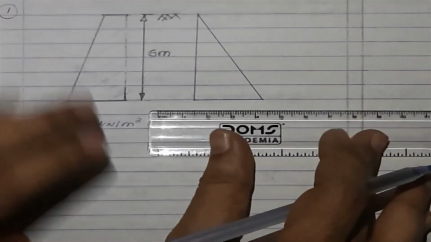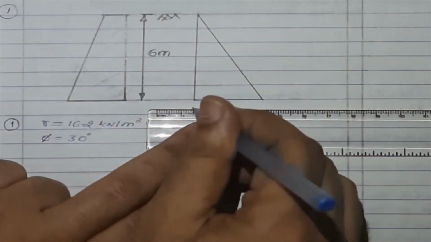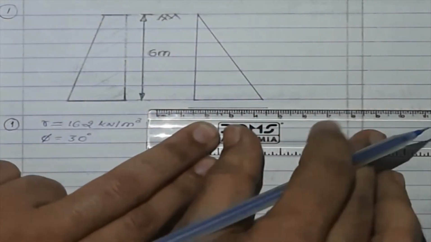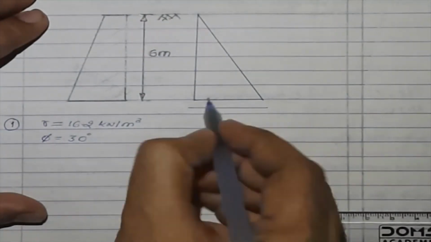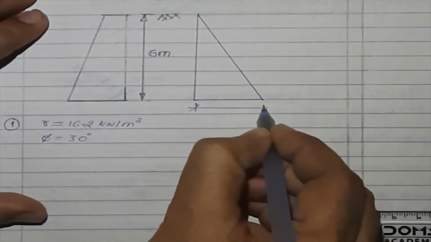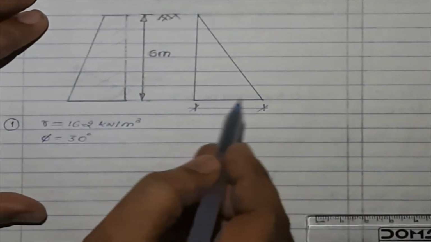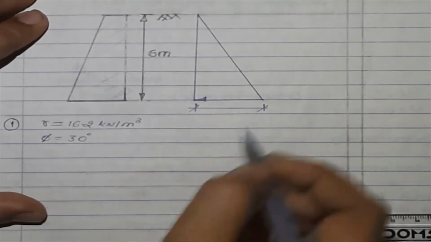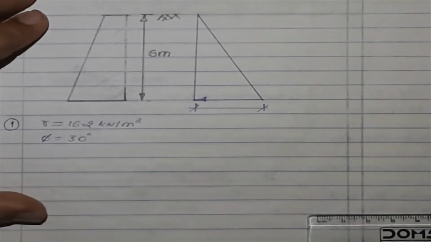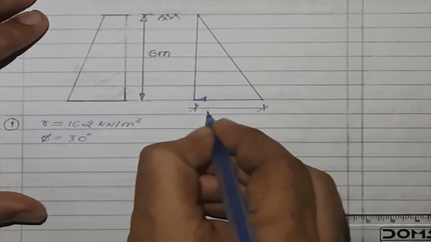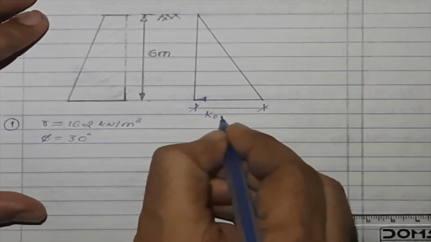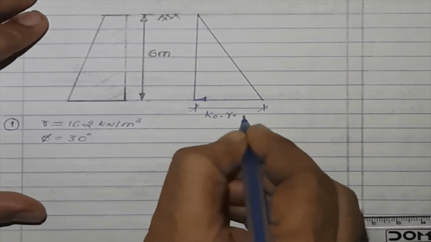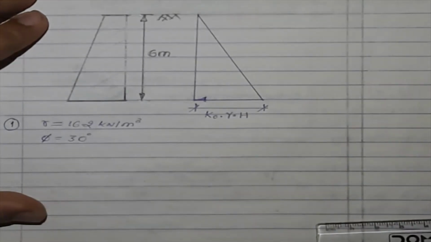Here in this pressure diagram, this dimension of the base of this triangle is basically the lateral thrust or lateral pressure acting at the bottom. It will be like this. This is going to be K0 multiplied by unit weight multiplied by height.